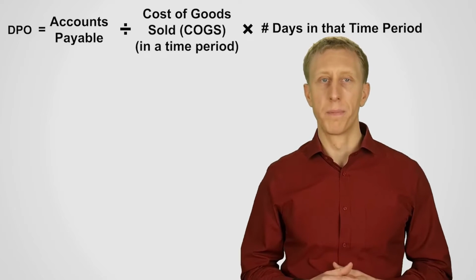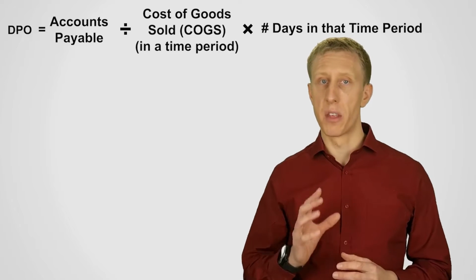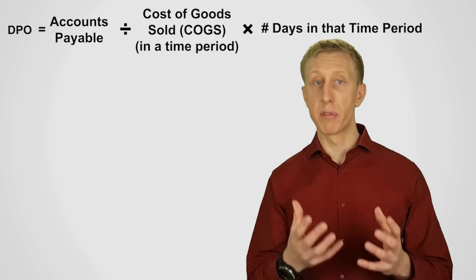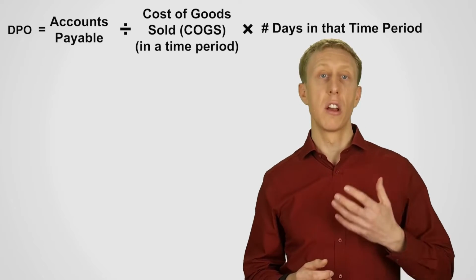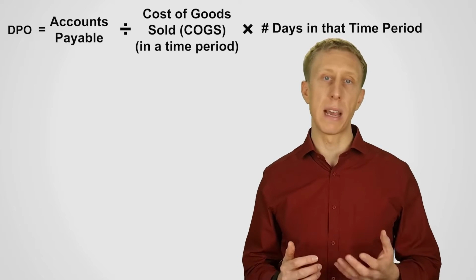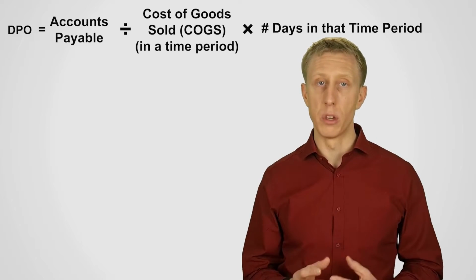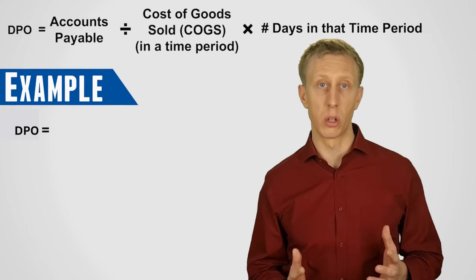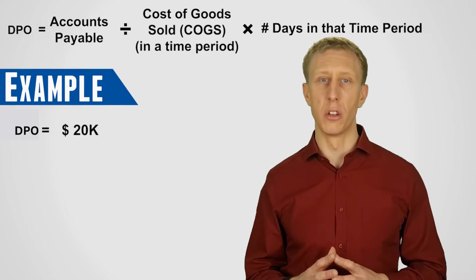So, for example, the bed shop buys the beds from various factories. They don't pay right away when they receive them, as again, they have agreed credit terms to buy now and pay later. The accounts payable, which is the amount of money that the bed shop still owes its suppliers in total, is $20,000.